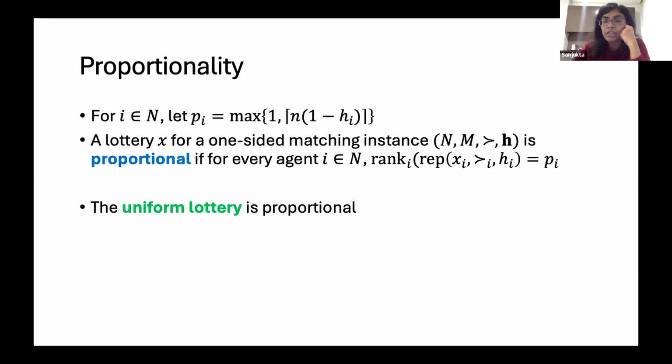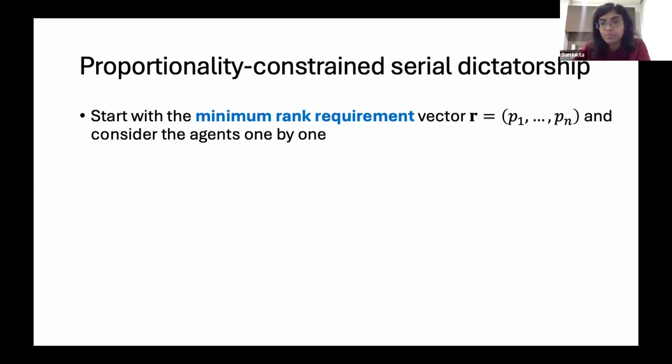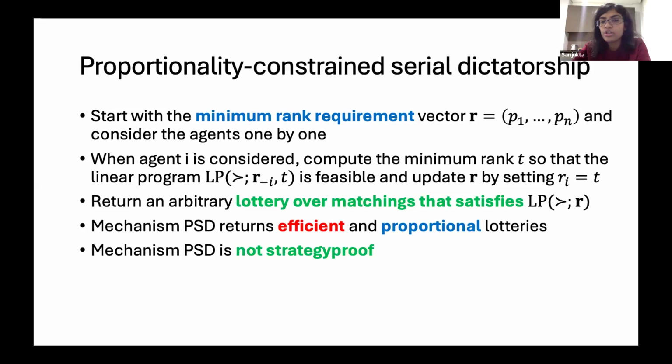We also define proportionality. So uniform lottery will be proportional. I will not go into the definition, but what we show is that efficient proportional mechanisms can be found by something like probabilistic serial dictatorship, but this will not be strategy proof, very strangely, because of the proportionality rule.